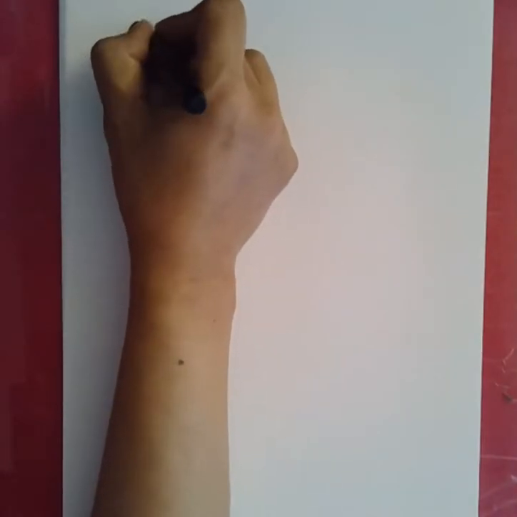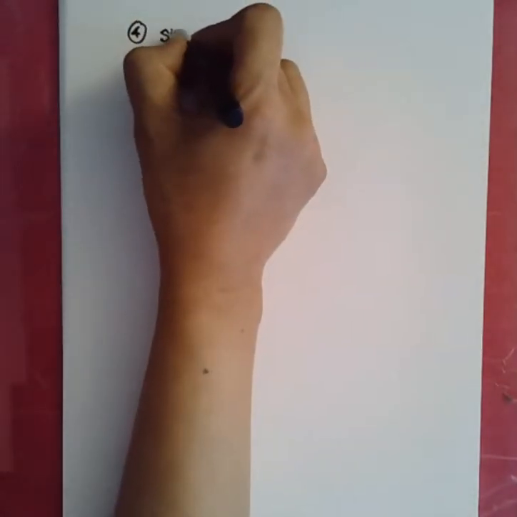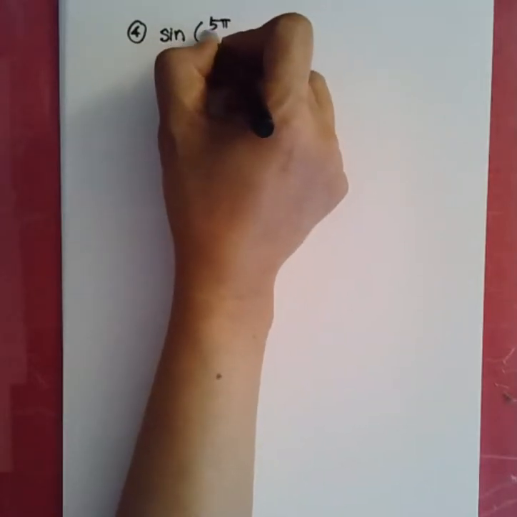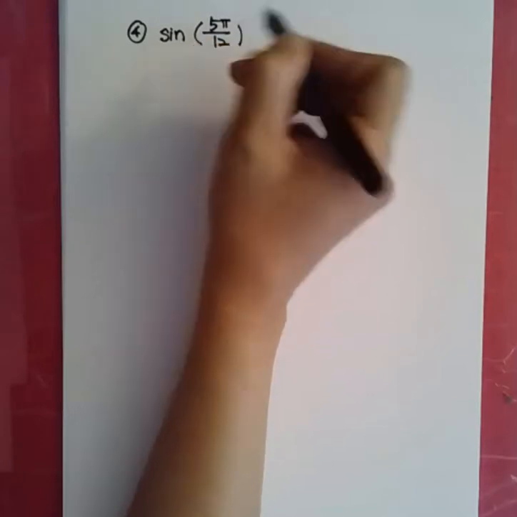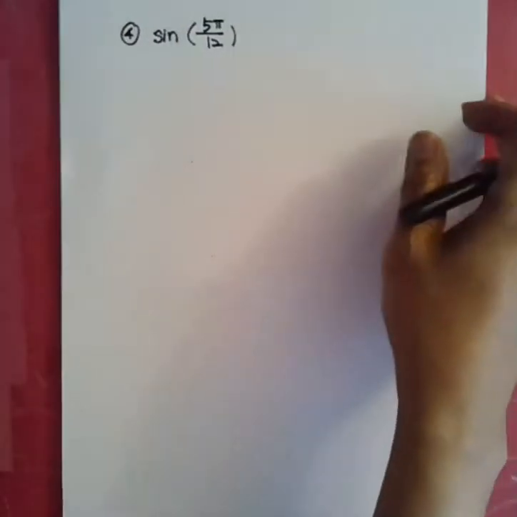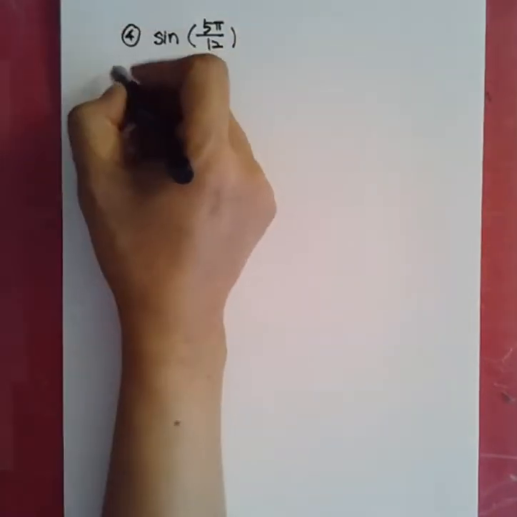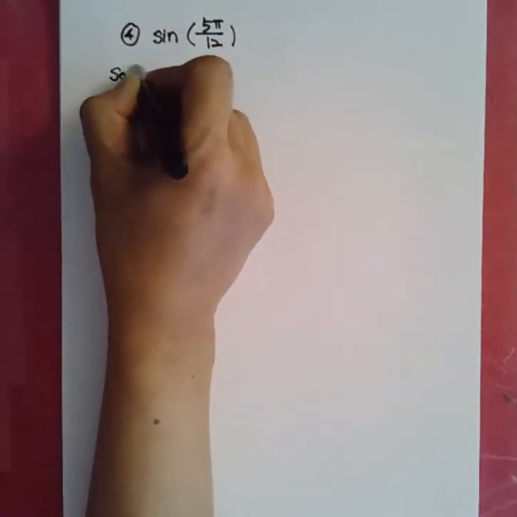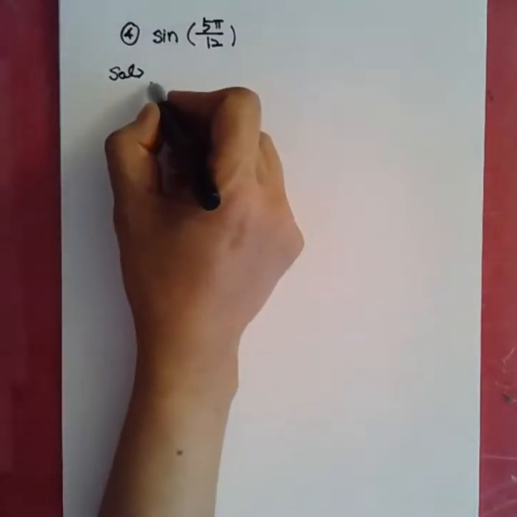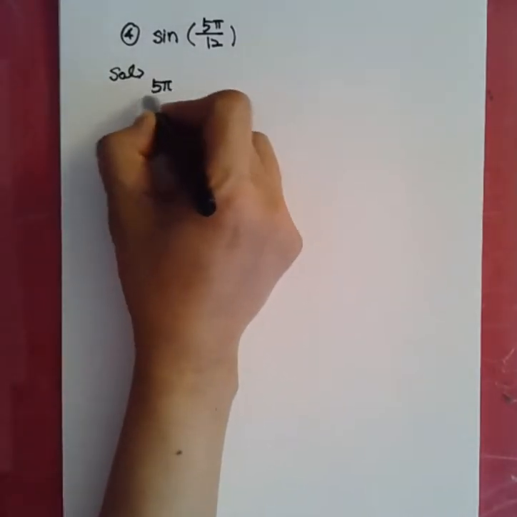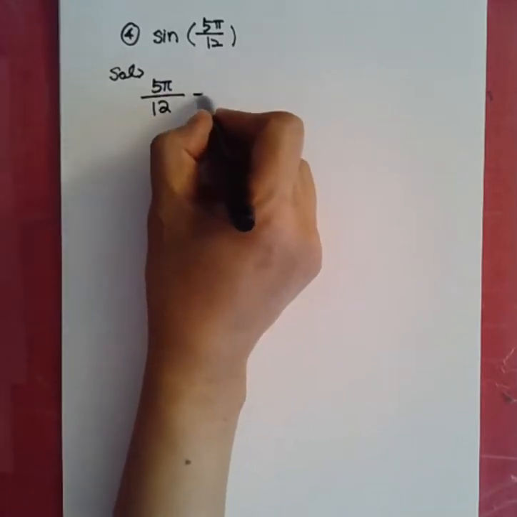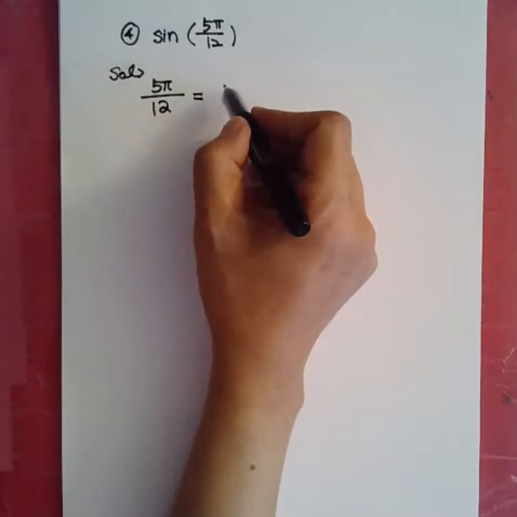The next problem is sine of 5 pi over 12. Again, we can use the sum formula for sine in this particular case, but we want to practice with the half angle formula. To do that, what we have to think about is how to express that as a half angle of something.